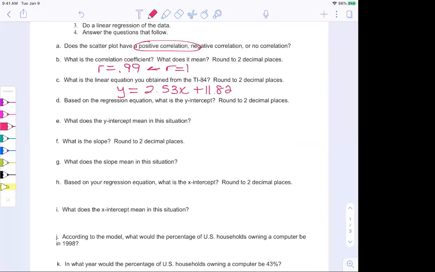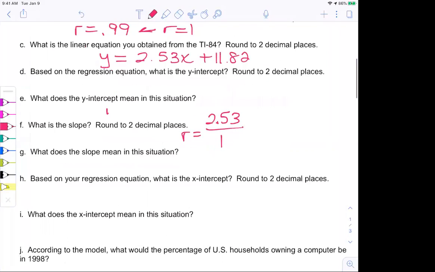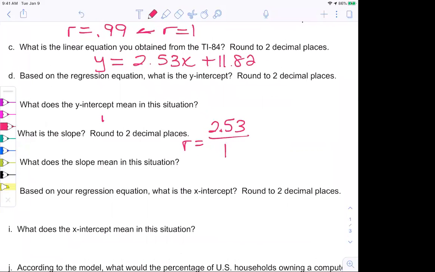So I know that the slope is 2.53, and I'm going to place it over 1, because we have to think of the slope as rise over run, or y over x. When you're trying to write a sentence about what the slope means, sometimes thinking about it as a fraction, as a rise over run value, might help you write the sentence relating what it means.